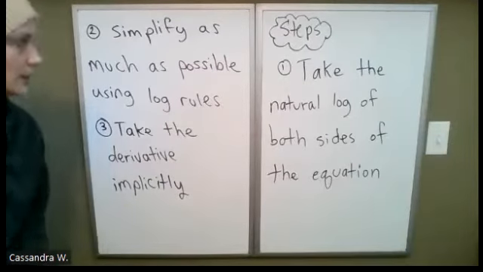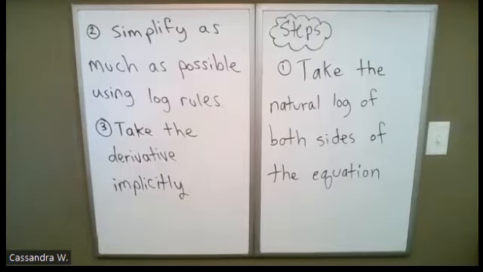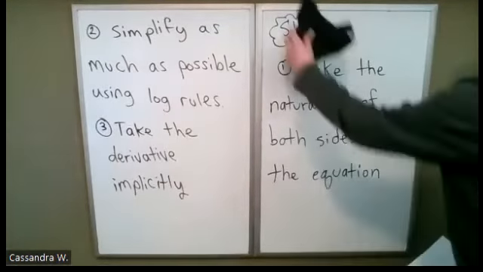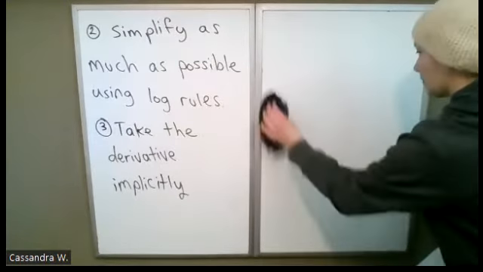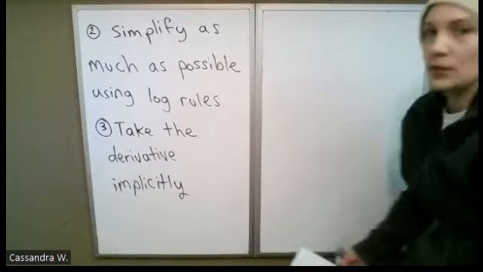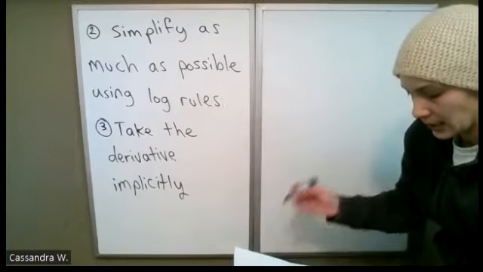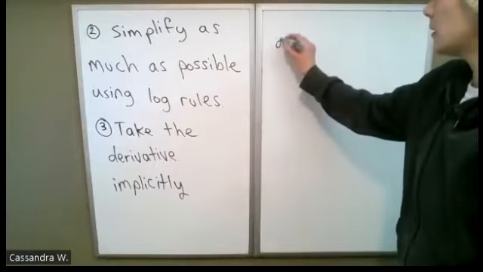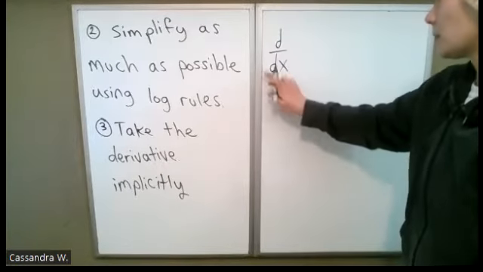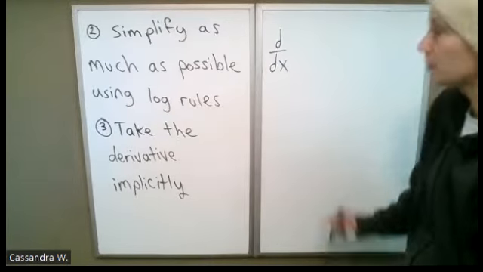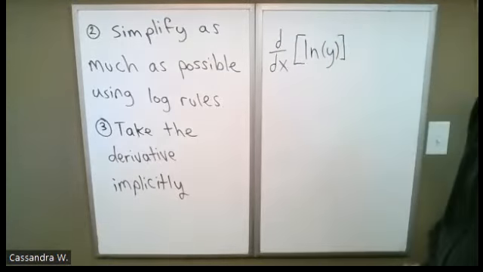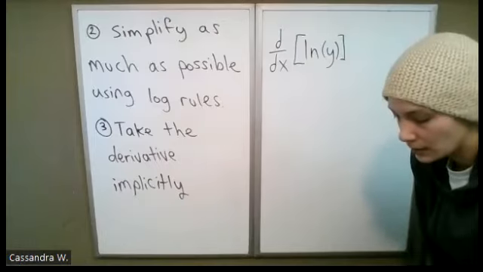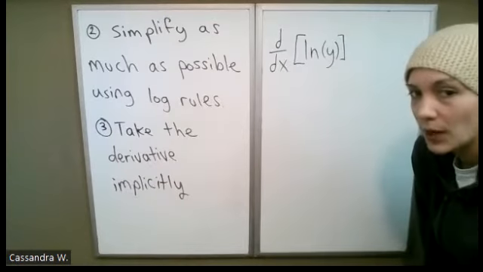And then I have a note. So we should have something that kind of looks like the derivative with respect to x of ln of y and that will give us, oh, and also you have to remember y is a function.